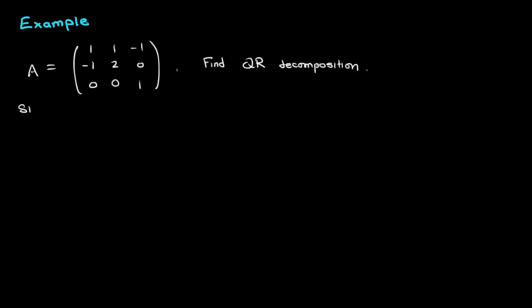Let's begin by finding a matrix decomposition B times C for this matrix A, where again B is a matrix with orthogonal columns and C is a matrix which is upper triangular with positive diagonal.